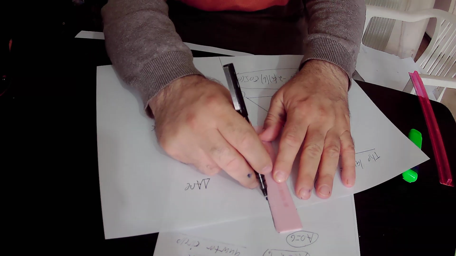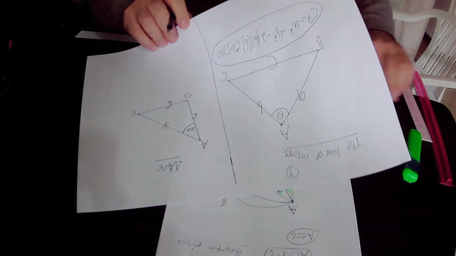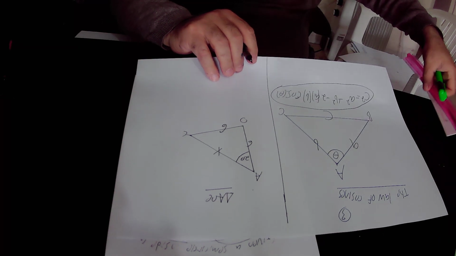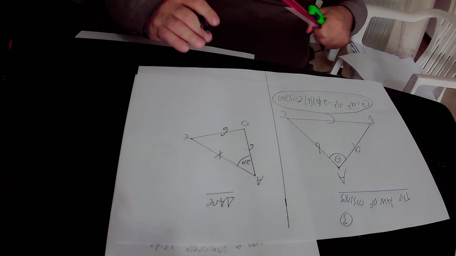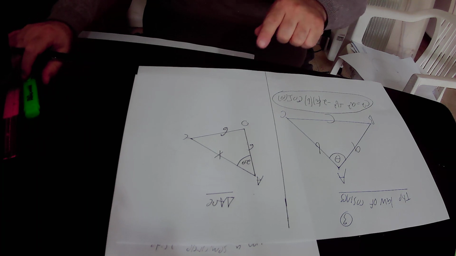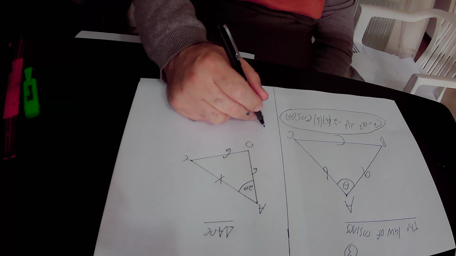In this triangle AOC, according to the law of cosines, we will get that this will be equation number 1.